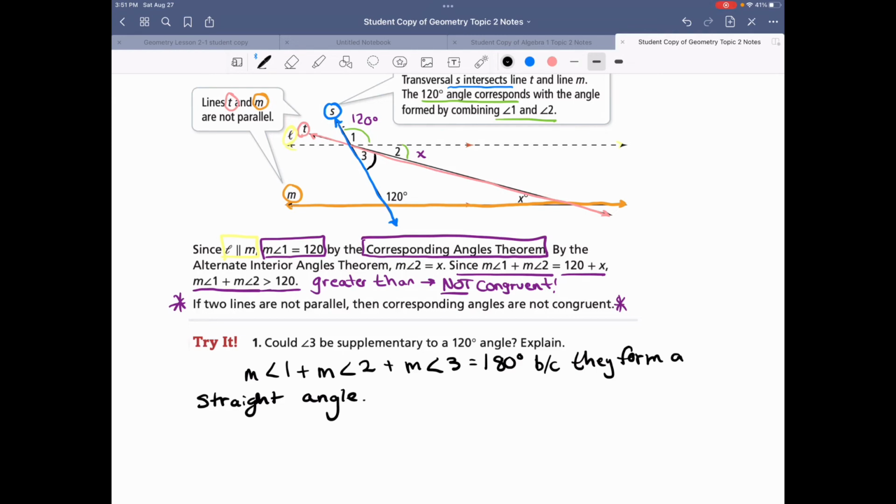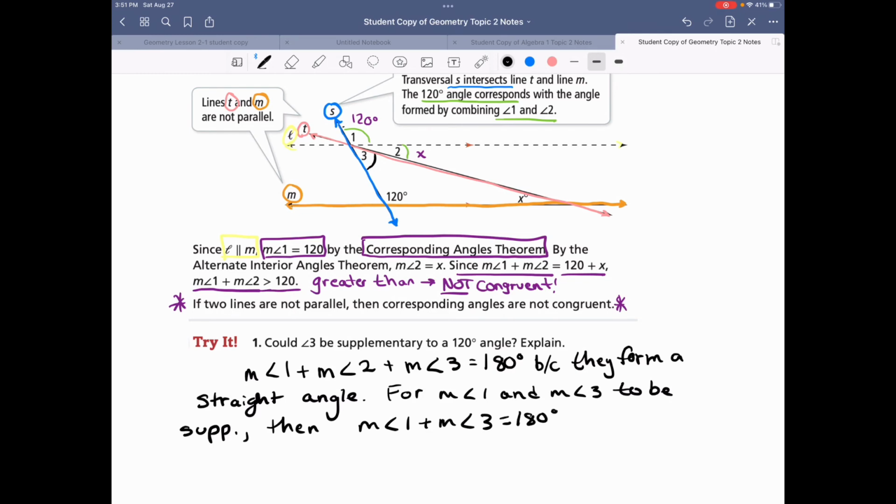For the measure of angle 1 and the measure of angle 3 to be supplementary, I'm just going to write sup, then the measure of angle 1 plus the measure of angle 3 has to equal 180.